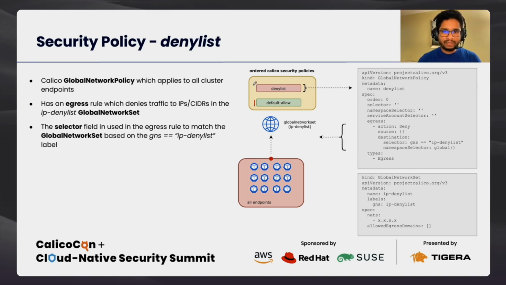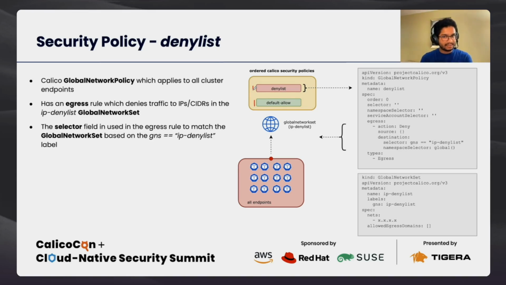So my first policy is a deny list policy, and the deny list policy is a Calico Global Network Policy, which applies to all cluster endpoints. More the reason for that default allow. So now I have a policy that applies to all cluster endpoints.